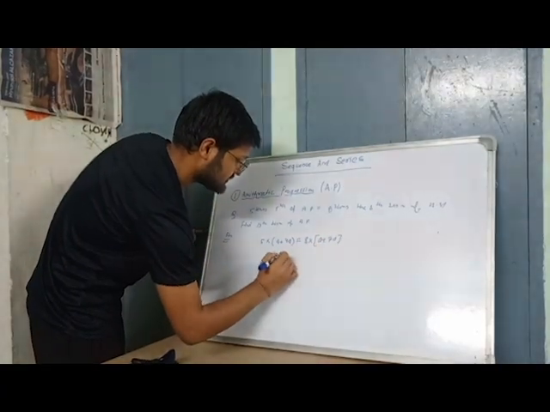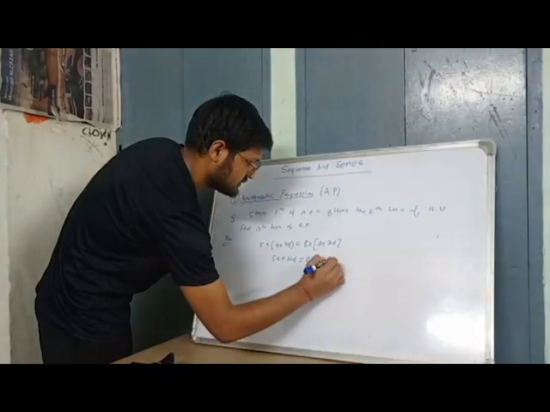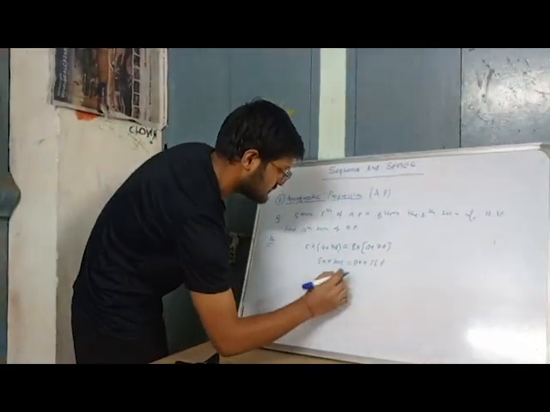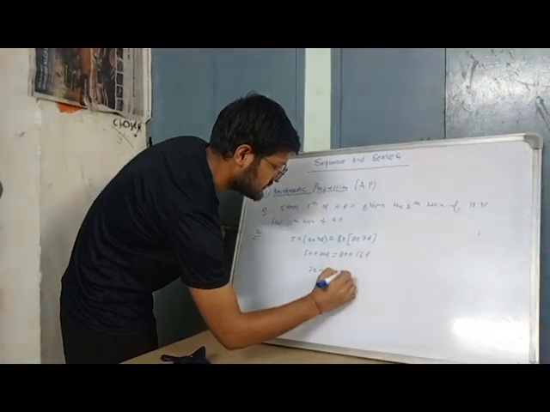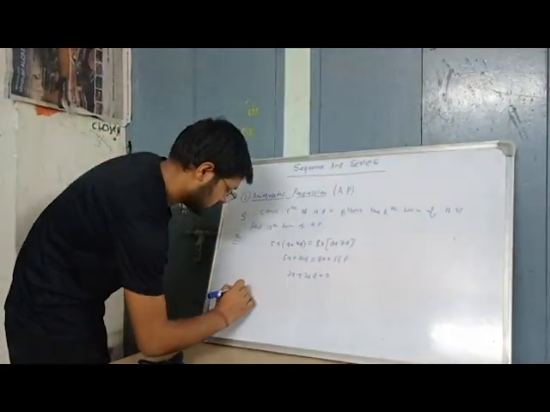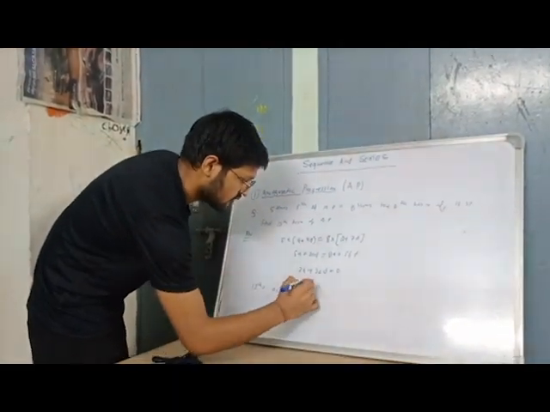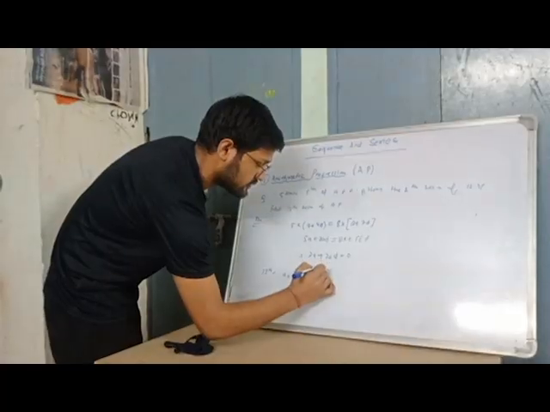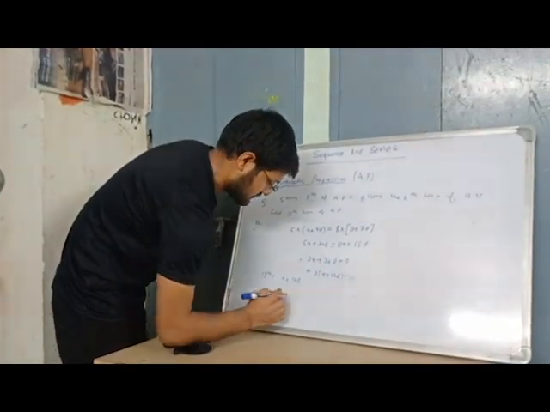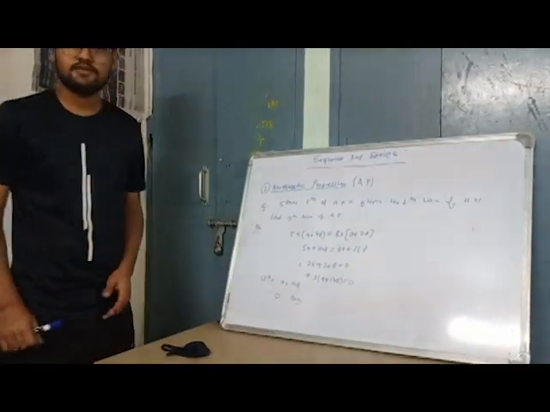Equating, we get a plus 12d, and the question asks about the 13th term, which is a plus 12d. So by solving, we can say the answer is 0 for this question.